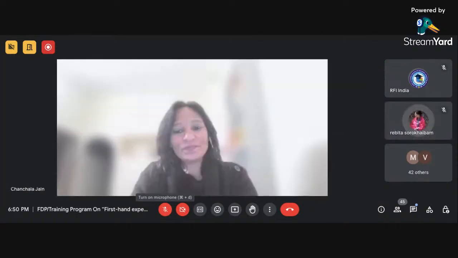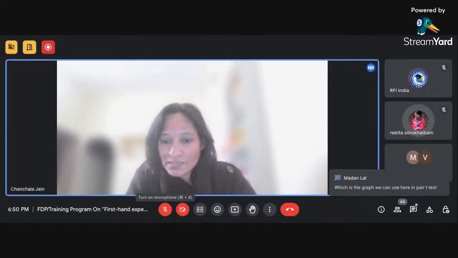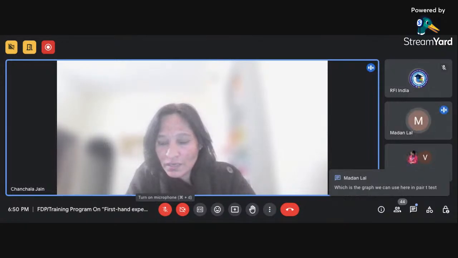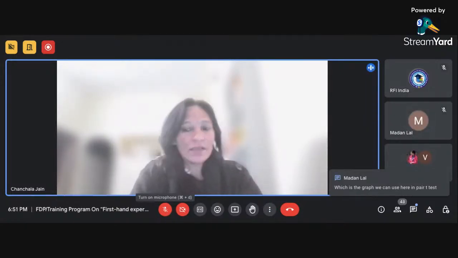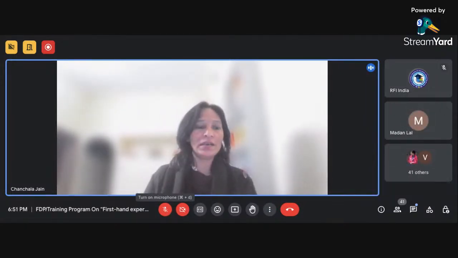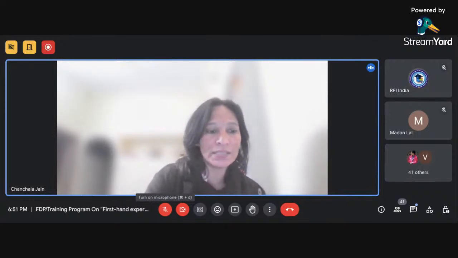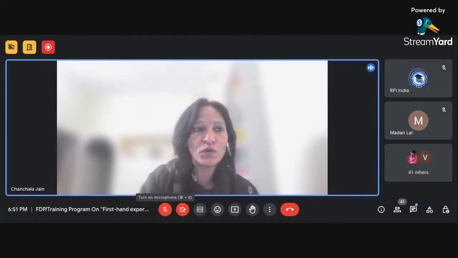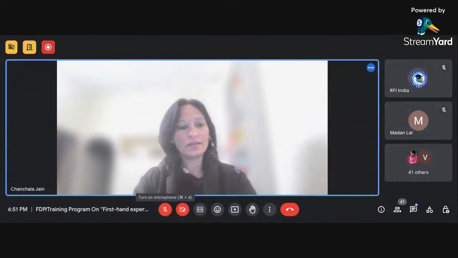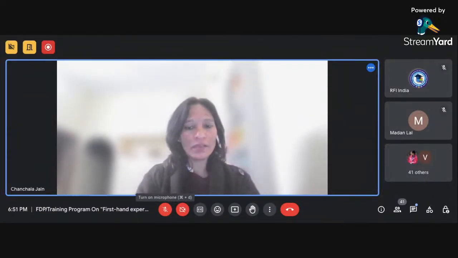Madan sir, have you typed which graph we can use here in the paired t-test? Sir, why are we using a graph? What is the logic? For what purpose do you want to draw a graph for your data? Is there any purpose?